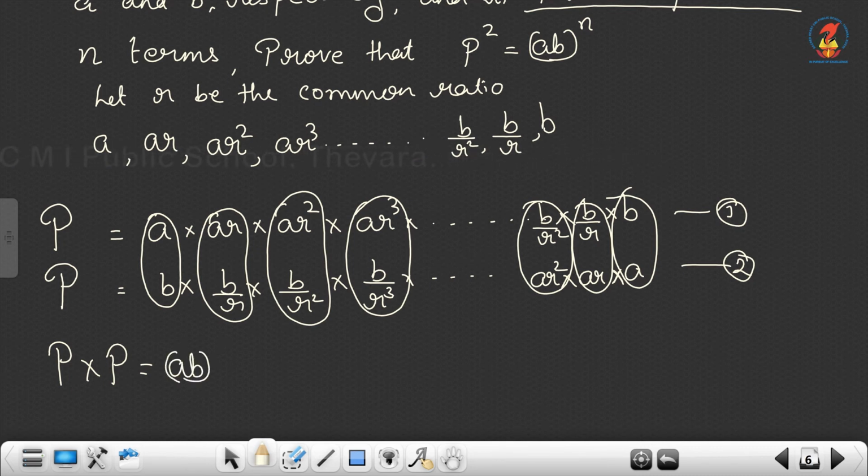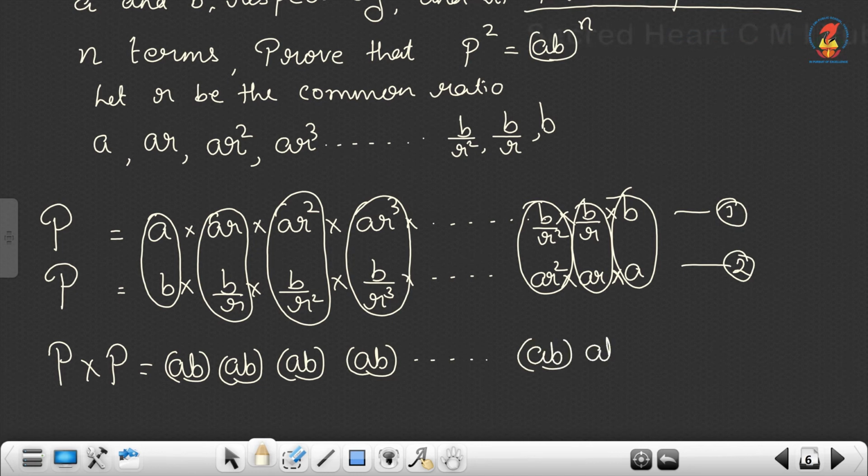The next is AR into B by R. R and R cancel. Again we get AB. R square cancel. AB. R cube cancel. AB. Etc. etc. Here BA. BA is same as AB. Then again AB. Then again AB.